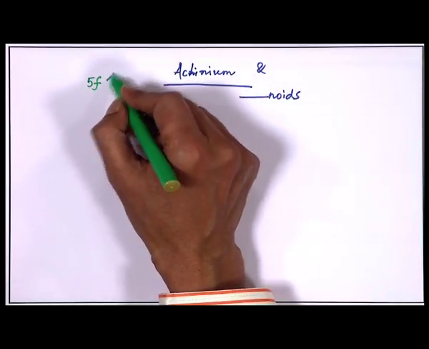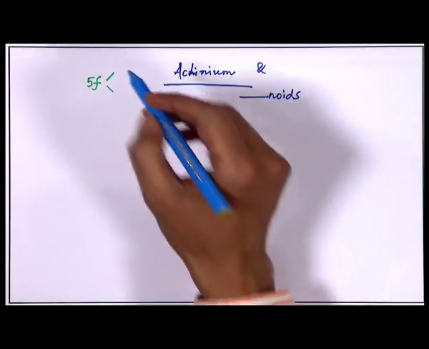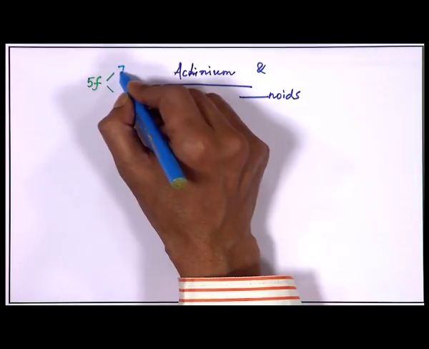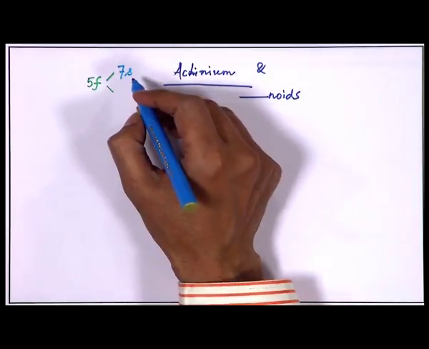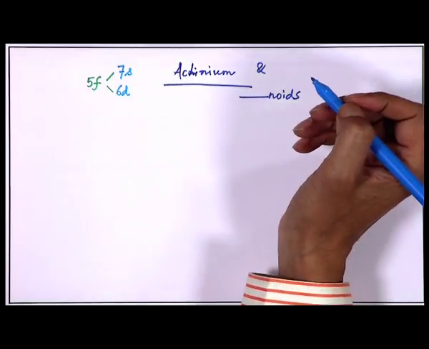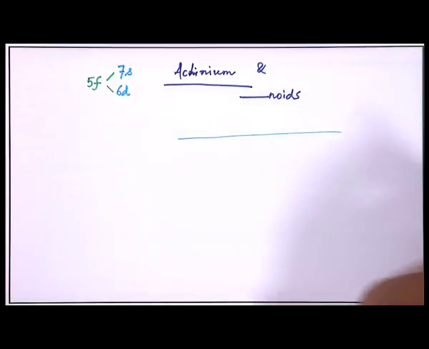So, when we talk about the 5f electrons, or the electrons occupying the 5f level, we should also consider the presence of the electrons in the 7s and the presence of the electron in the 6d. So, not only knowing the names from the series, because they are also very important elements and they have some important applications also.